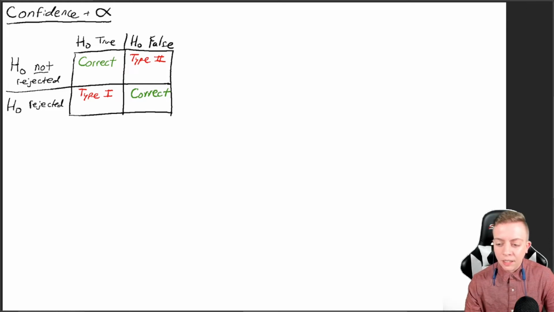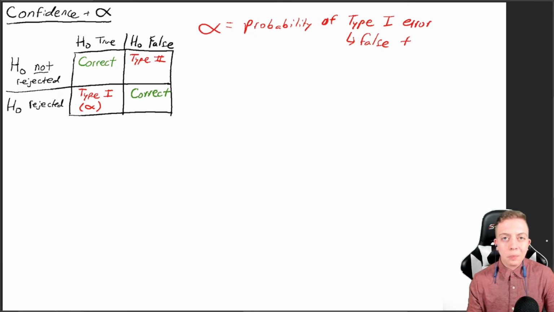So what is alpha? Alpha is the probability of getting a type 1 error, or the probability of getting a false positive with a study. So if I said that the null hypothesis was that there is no difference between the average heart rate of a population of college-age females and the same group of college-age females who ate peanut butter every single day, that would be the null hypothesis.